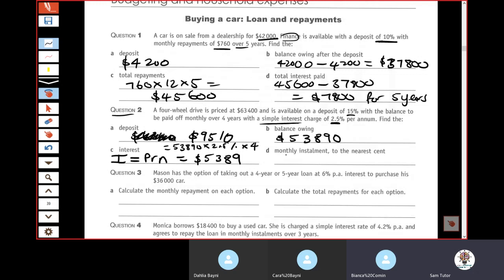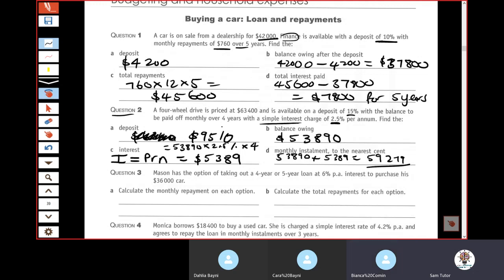And then monthly installments. Well, your monthly installments must be the balance you're owing plus the interest you're owing, which is 59,279. That's how much you've got to pay back altogether.